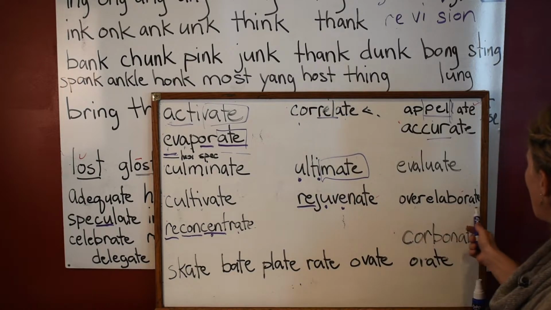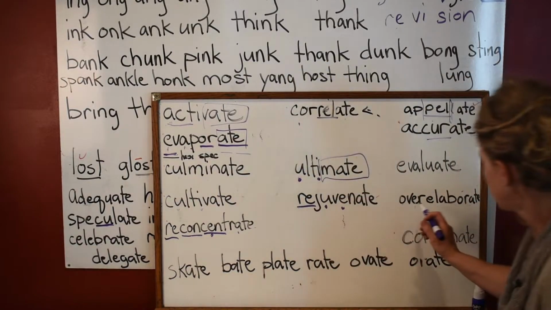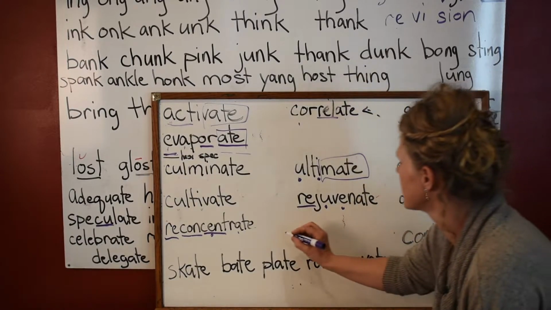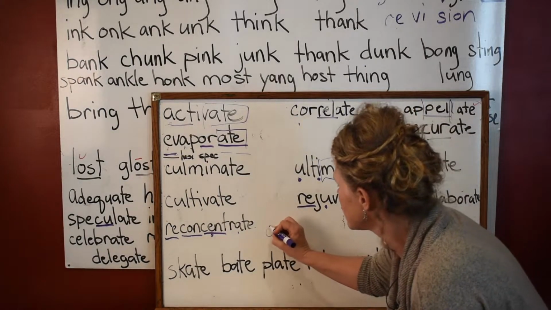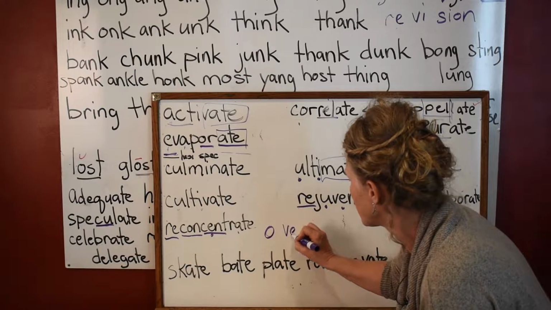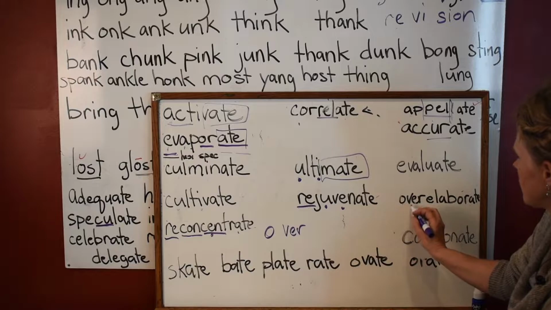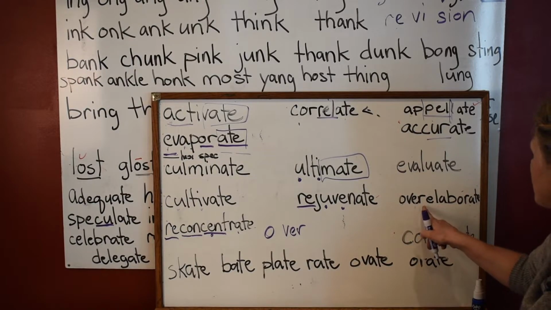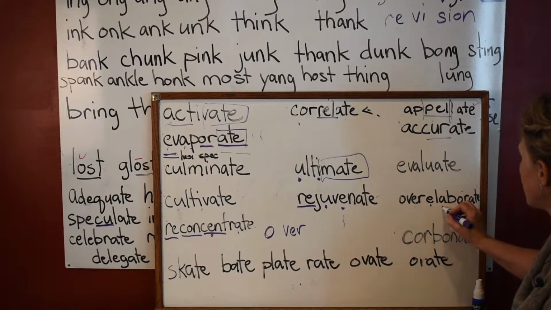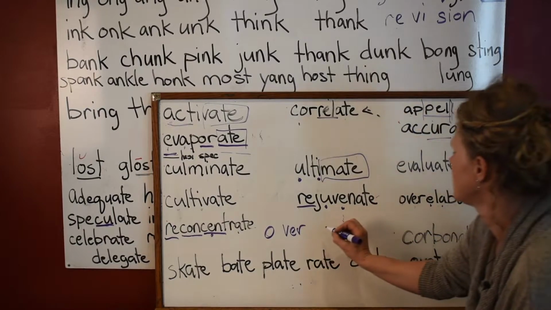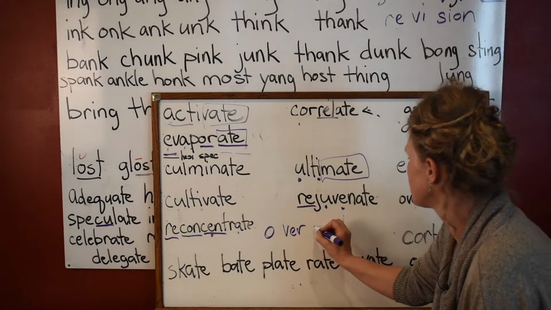Now let's look at over elaborate. Now over is a prefix, but it's a two-syllable word, so we can break it apart. O, it's open. And here's your V, it comes over here, okay? Now, look at that. E, there's one in the middle, let's break it.